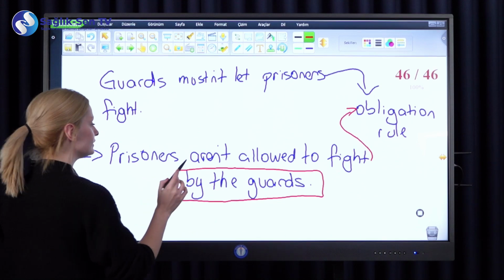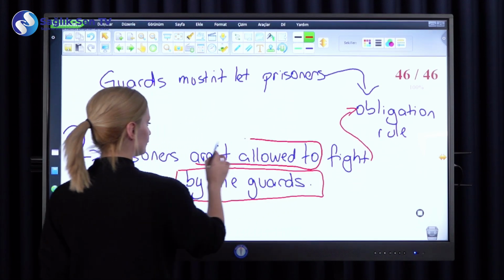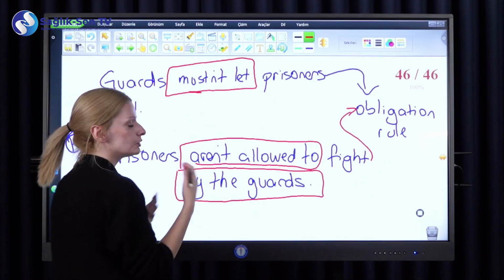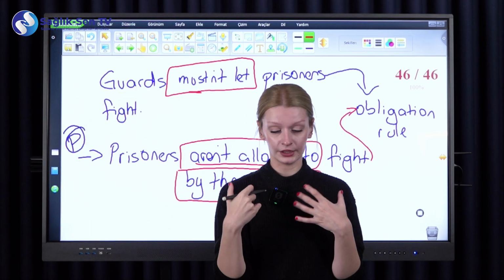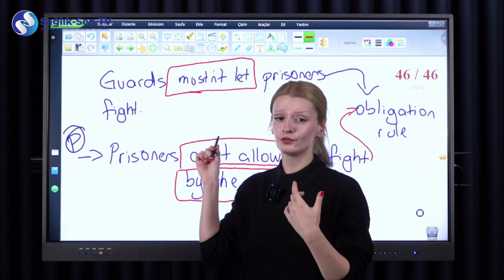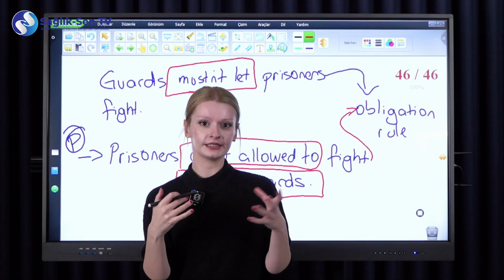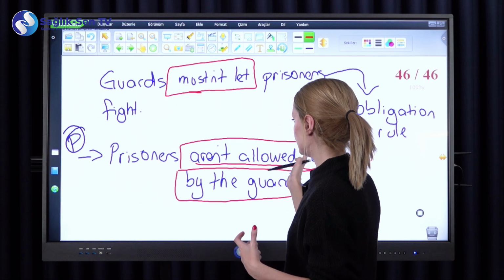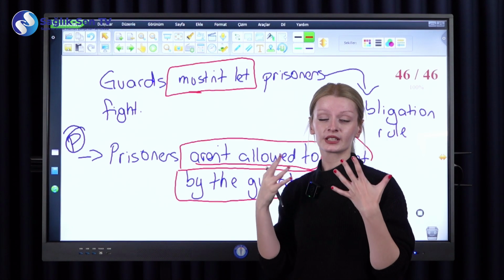I didn't use the same verb actually in here, but although I didn't use the same verb, it doesn't mean that I didn't give the same meaning.